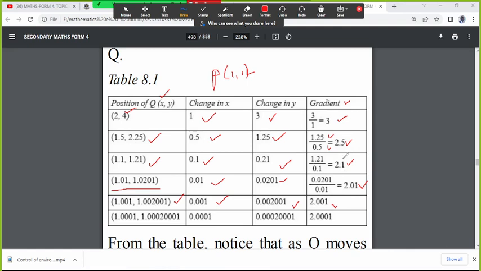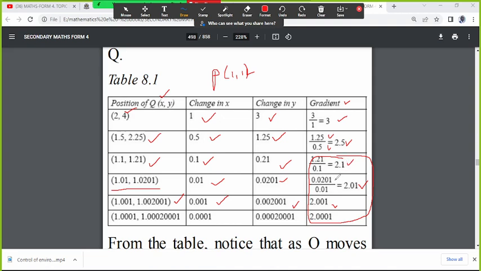As we start from this level downwards, the gradient tends to become 2. It's almost becoming 2, because if you round off to the nearest whole number, you get 2.